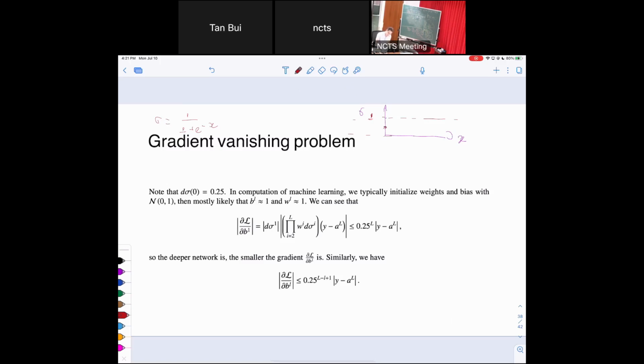This is the middle. That is the sigmoid function. How about the derivative of the sigmoid? The derivative looks like this.